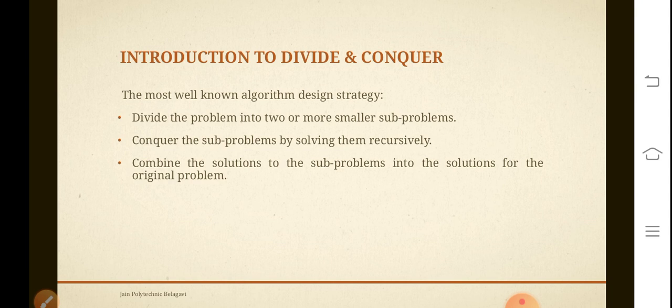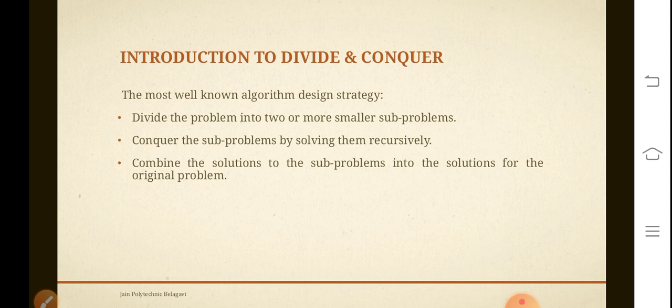So what are the plans here? A problem is divided into several subproblems of the same type, ideally of about equal size. That is, divide the problem into two or more smaller subproblems. Then conquer the subproblems by solving them recursively.